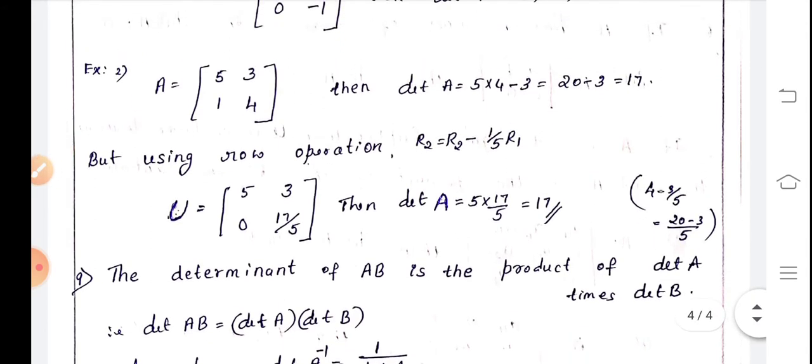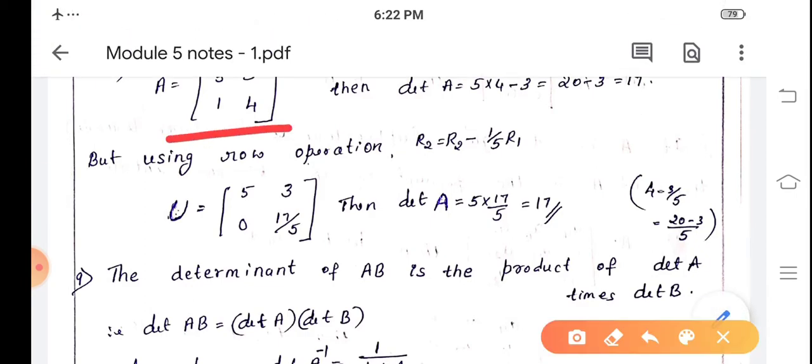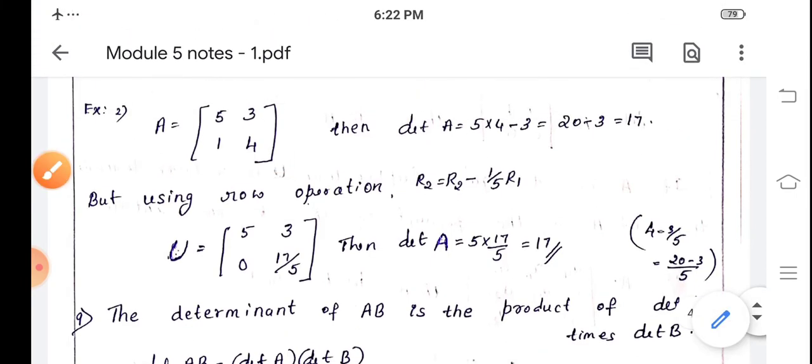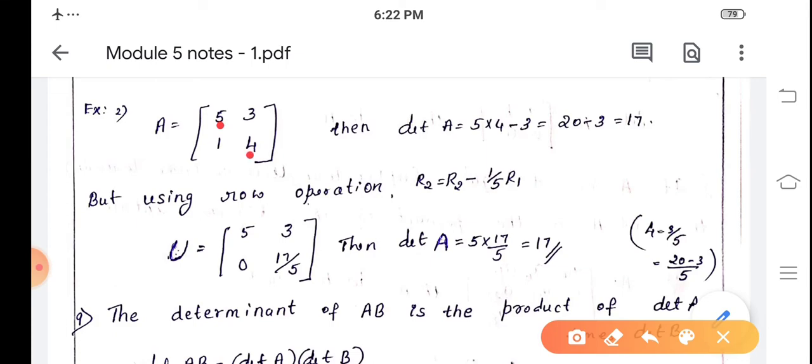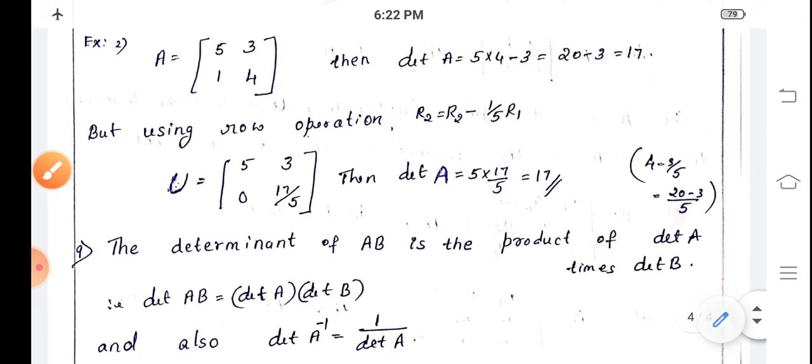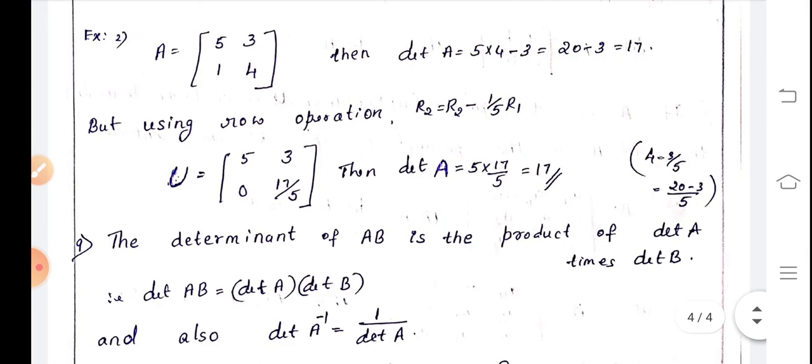Now, let us see one more example. Example 2: matrix A equals first row 5, 3, second row 1, 4. Then the determinant A is 5 into 4 minus 1 into 3, that is 20 minus 3 equals 17. Now we shall find the determinant using row operations.